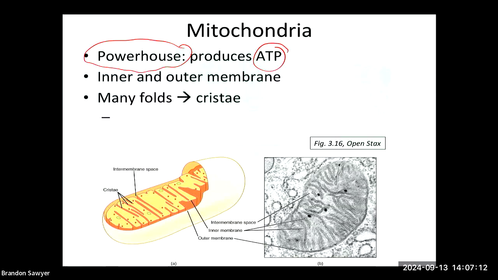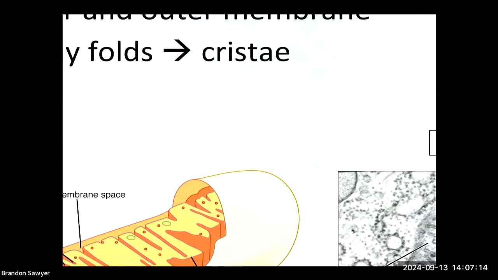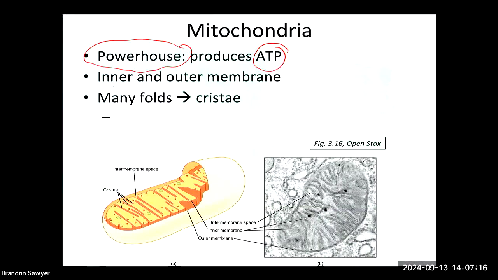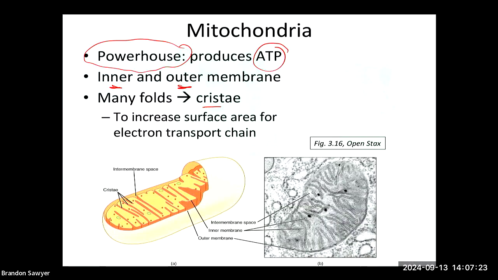It's unique as an organelle because it has both an inner membrane and an outer membrane. And that inner membrane is very folded. Those folds are called cristae. The reason it's so folded is to increase surface area. We need surface area because we need to plug in a bunch of proteins on that membrane.